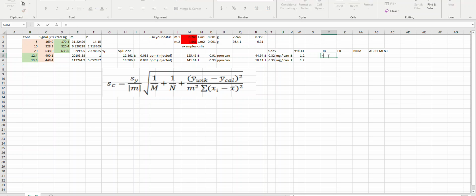So the upper bound will equal that value plus the 95% CI. The lower bound will equal the calculated value minus the 95% CI. The nominal value is 45, and the agreement in this case is good because 45 falls between 45.7 and 43.3.